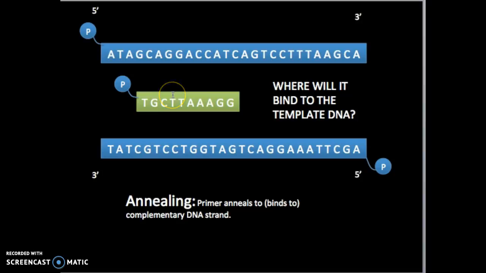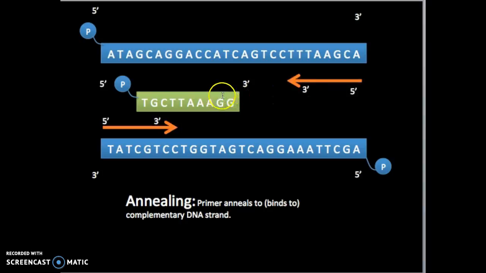If you think about it, this is also going to have a 5' and a 3' end, right? If you think about directionality, if it binds to this top one, it's going to have to bind in the 5' to 3' direction, since this one's already running 5 to 3.